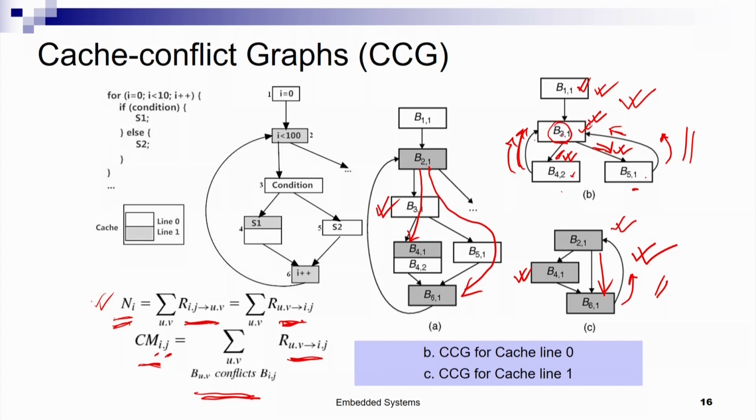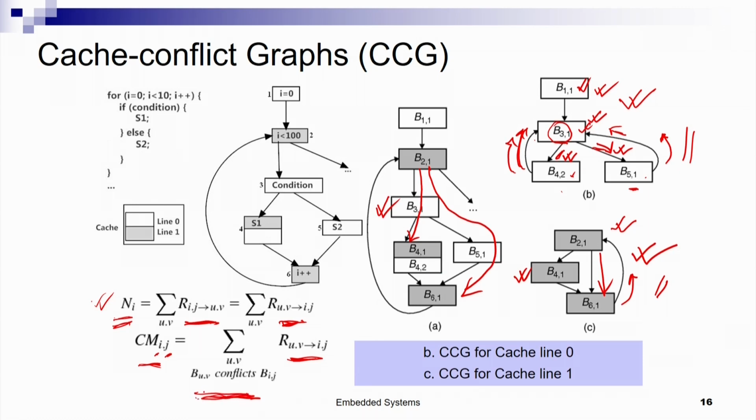In cache line 0 currently you have contents of memory block B31. Now, after your control goes to B42 and B51, let us say the contents of cache line 0 are evicted by the contents of B42 and B51. So, the previous contents of B31 no longer remain in cache line 0. Now, when I go back to B31, the previous contents of B31 are not there, and hence you have a set of cache misses.